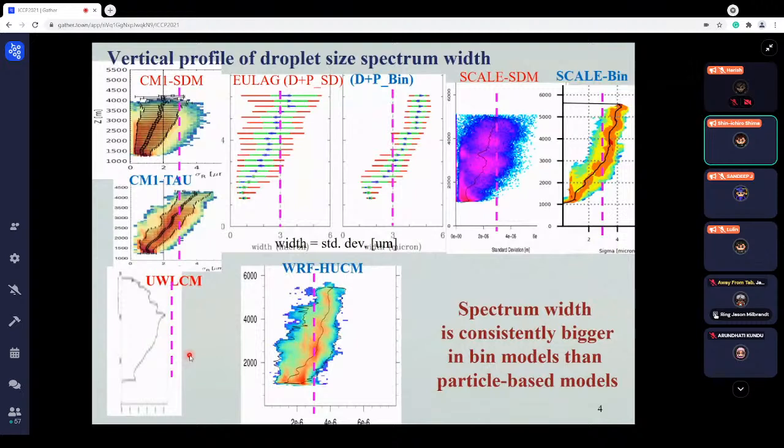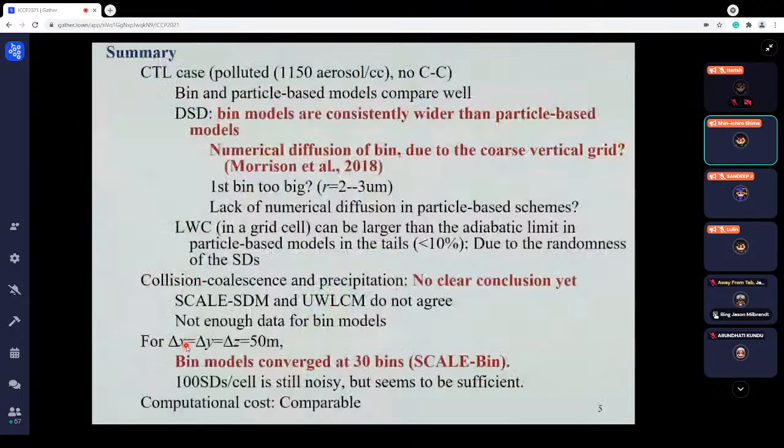The pink line corresponds to 3 microns, and you can see that in all the bin models the spread, the width, is larger than 3 microns, but in all the particle-based models, it's less than 3 microns. I think this is a highlight.